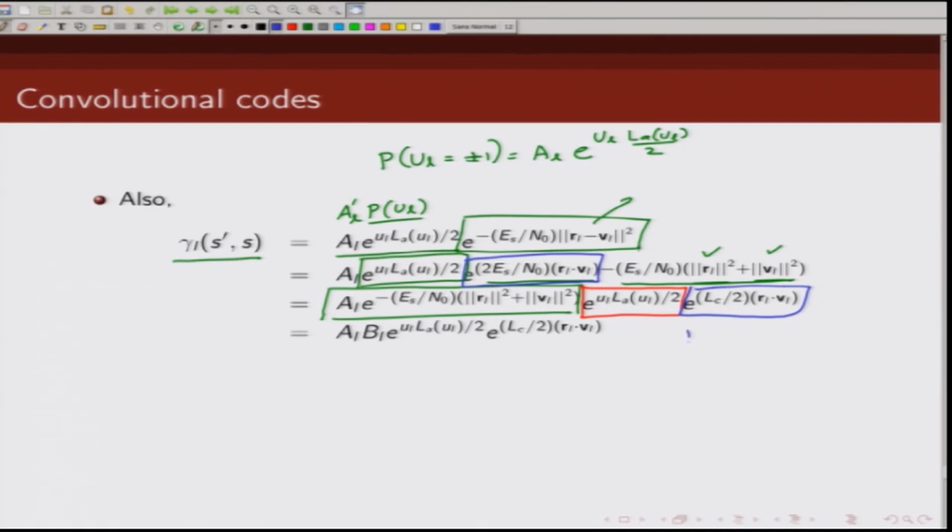Please note, L_c is 4 times E_s by N_0. That is why we are writing it as e raised to power L_c by 2 and the dot product between r and v_l. So we can simplify this expression as some constant terms multiplied by this a priori term, and this is a term which depends on the received channel values.